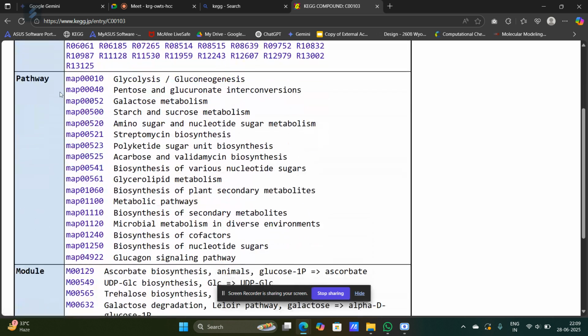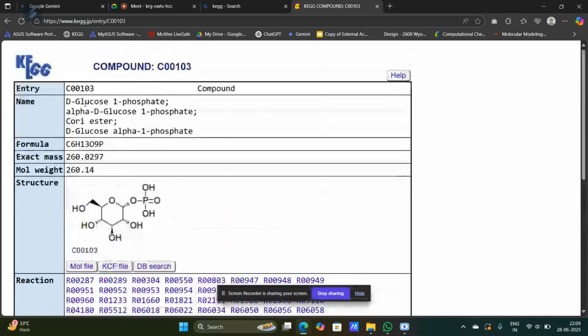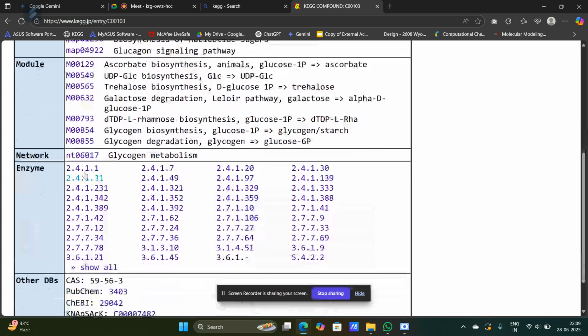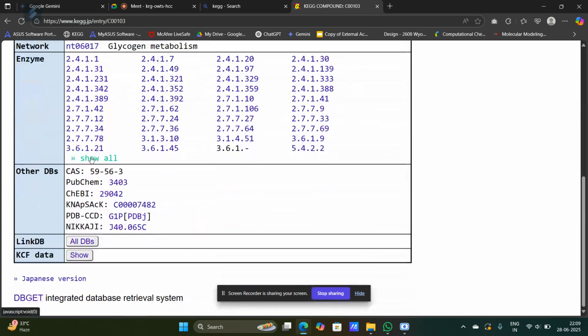And again, you have pathways here. There are this many pathways where this D-glucose 1-phosphate has been identified or noted. You also have the pathway names, and I think I need not explain this again. What are modules? And again, the enzymes that act on this compound. It has listed all the enzymes, and this is the unique enzyme ID.